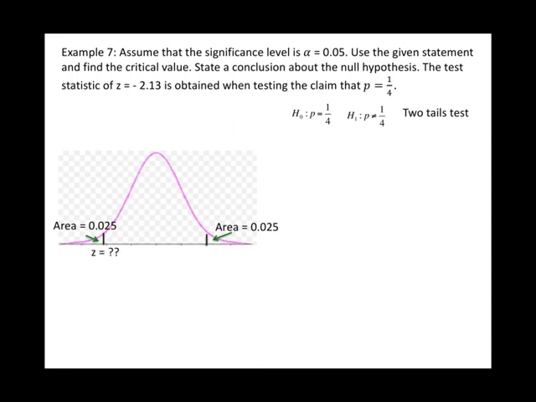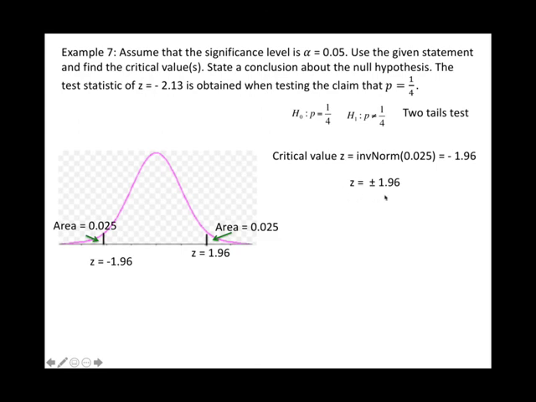Okay, I want to find out the z-score here. So we'll be using the inverse norm of 0.025, which is going to be negative 1.96. And remember, when we have two tails, we have two critical values. So plus minus 1.96.